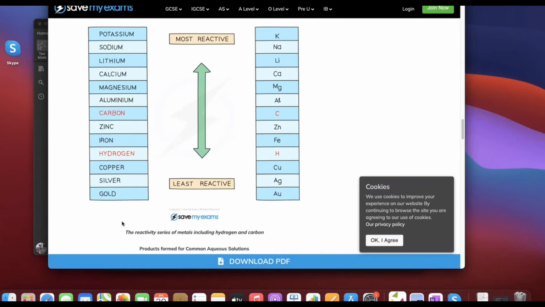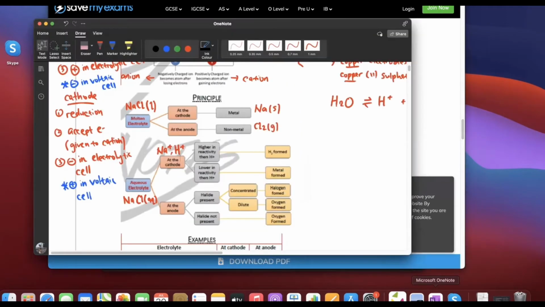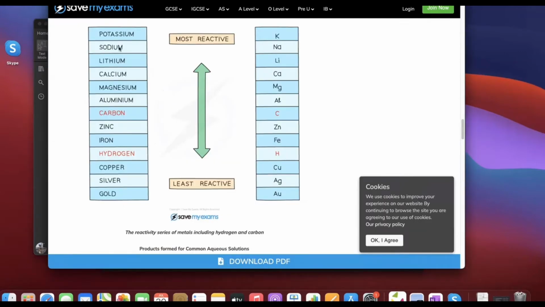Let's say for example, you see how we apply our idea here. Let's say you have Na+ and H+. Okay, we look back at our series. Na+, sodium; H+, hydrogen. So whoever stays at the bottom is less reactive. So hydrogen is less reactive compared to sodium.